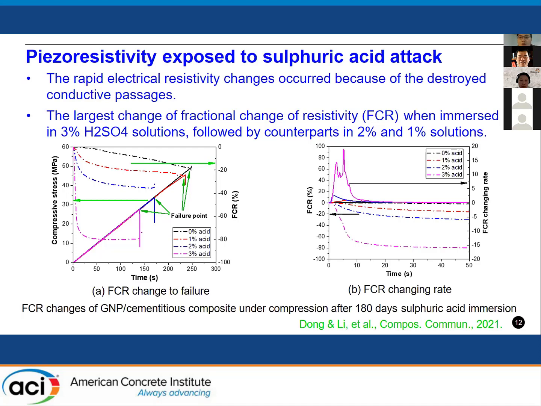This is because the damage destroys the conductive pathways in the specimen. On the other hand, we can find the largest change of the fractional change of resistivity, which is called FCR, when the specimen is immersed in 3% acid solution.